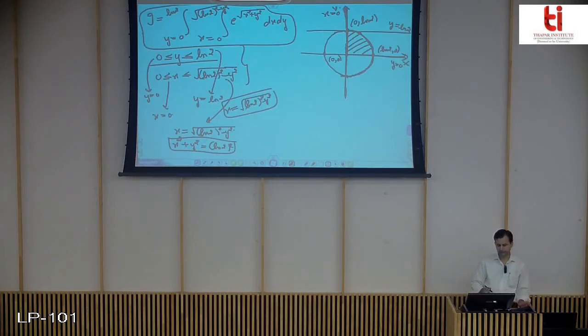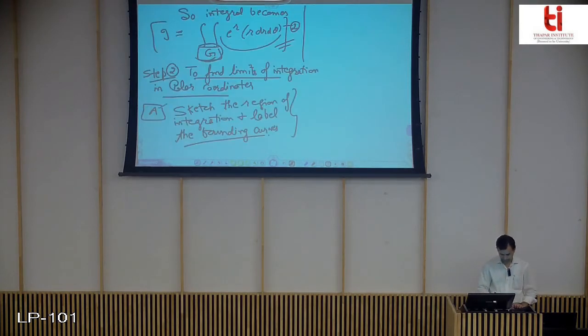For that we sketch the region of integration using the Cartesian limits. Now here we have a region of integration R, whose limits of integration we now want in polar. So this was part A, sketching.